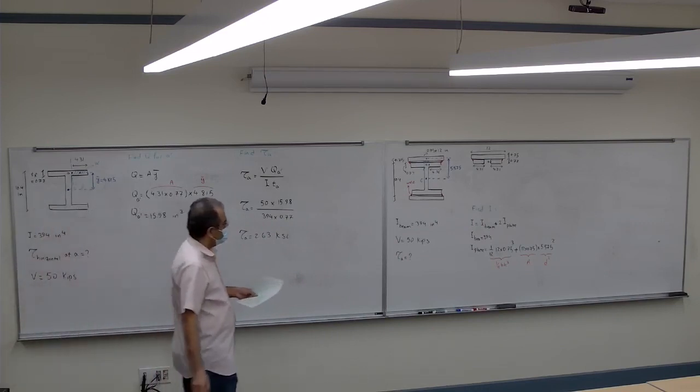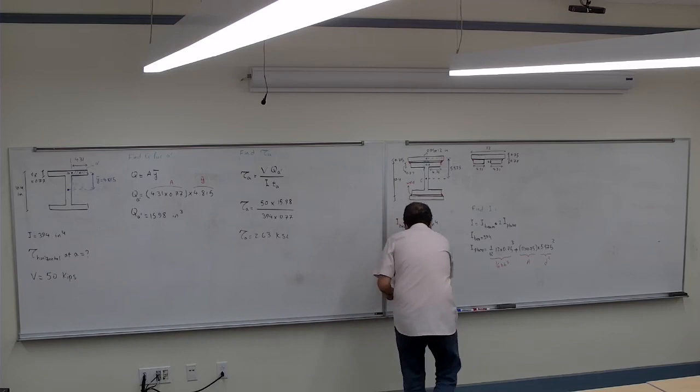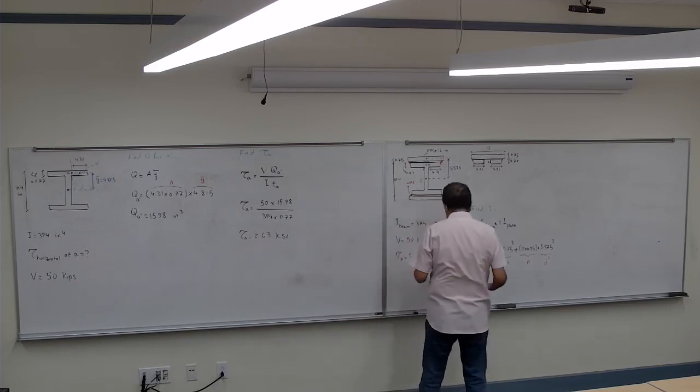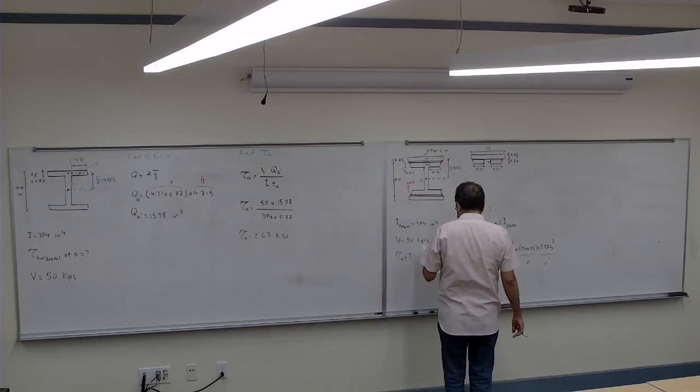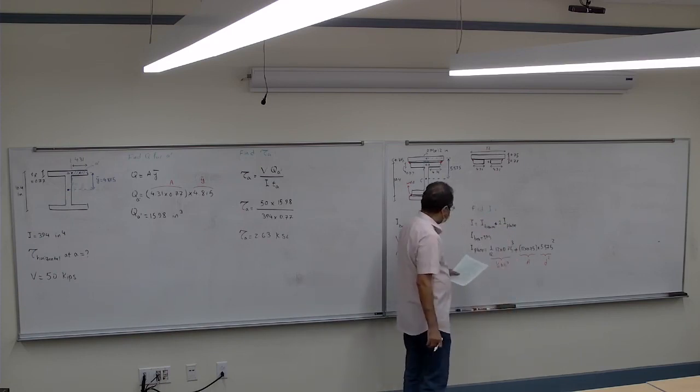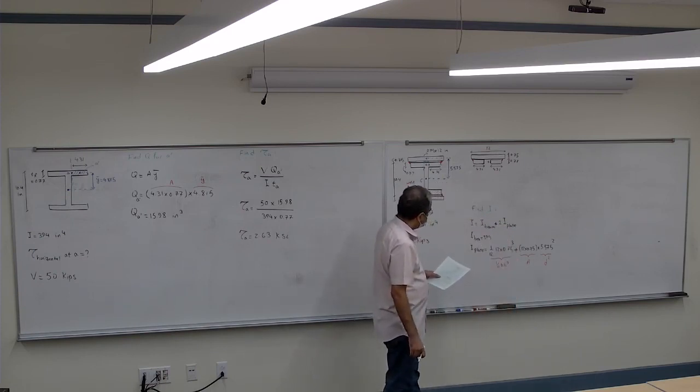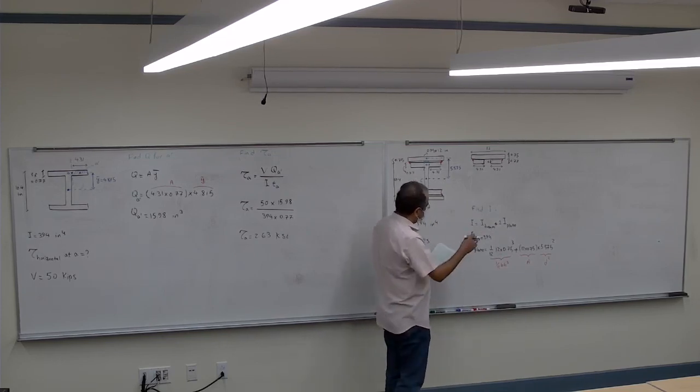So if I put these together, we need to double the 1/12 B H cubed for the I plate. Oh wait, no, it's just for one of them. Yeah, you're right.